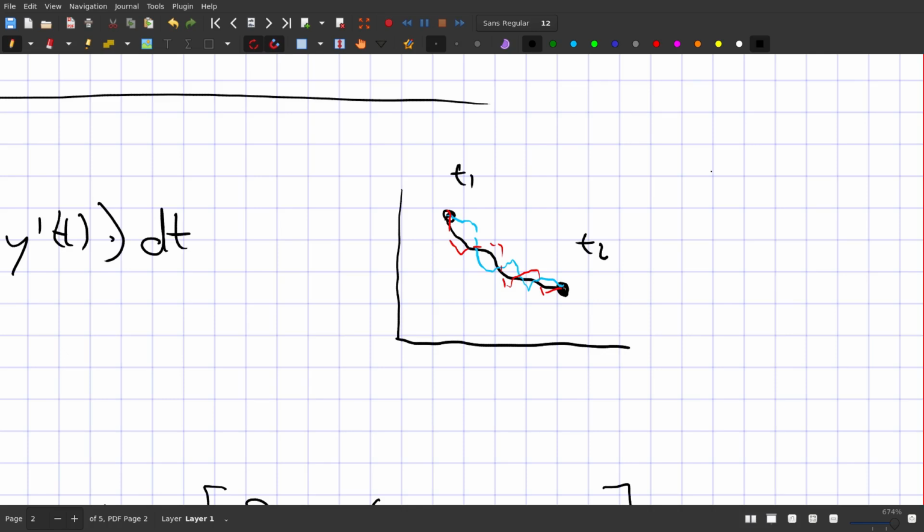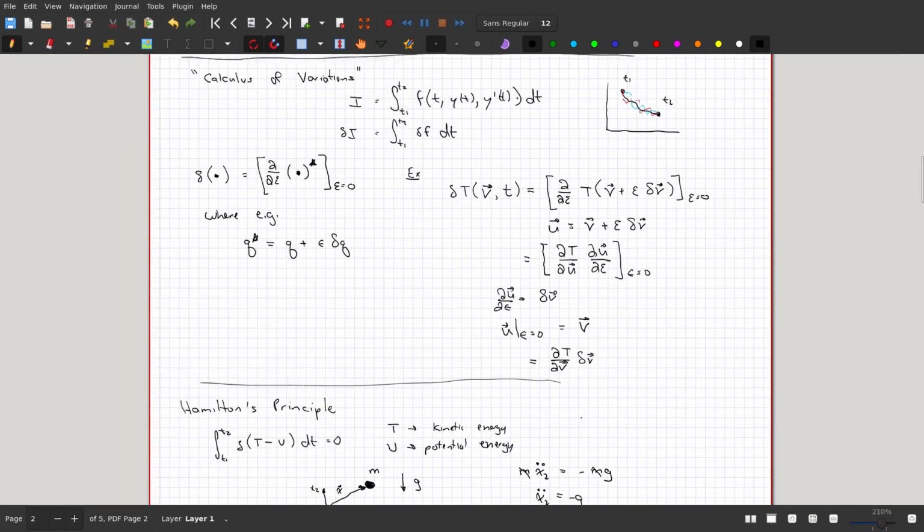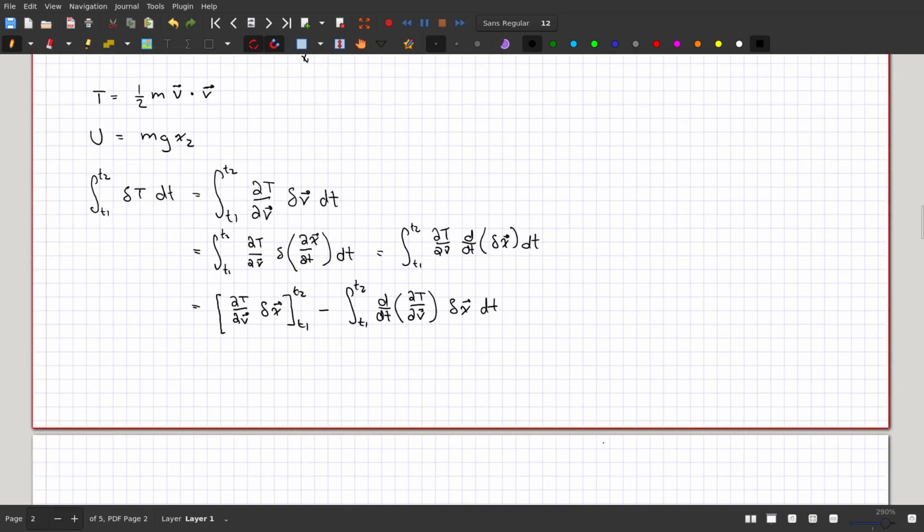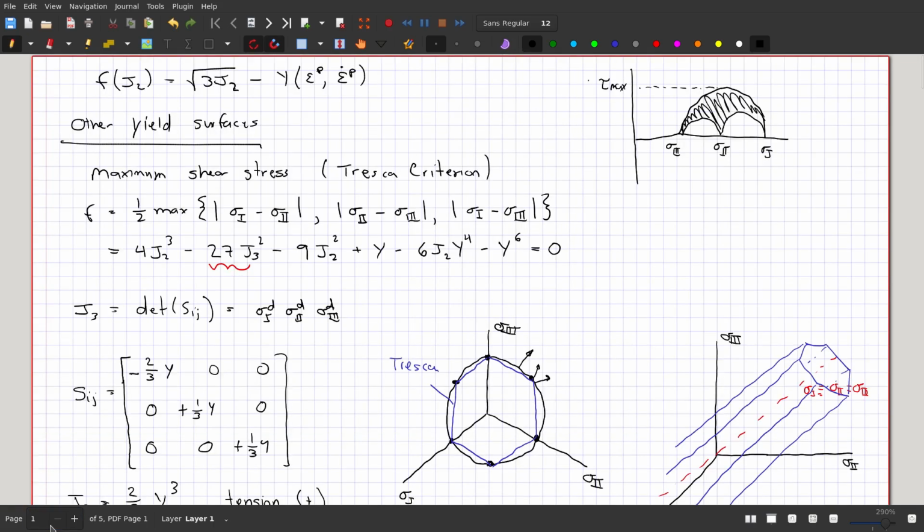The body is prescribed at those locations, or the function is prescribed at those locations. So this whole thing basically just becomes 0, because delta x at T2 equals delta x at T1 equals 0.